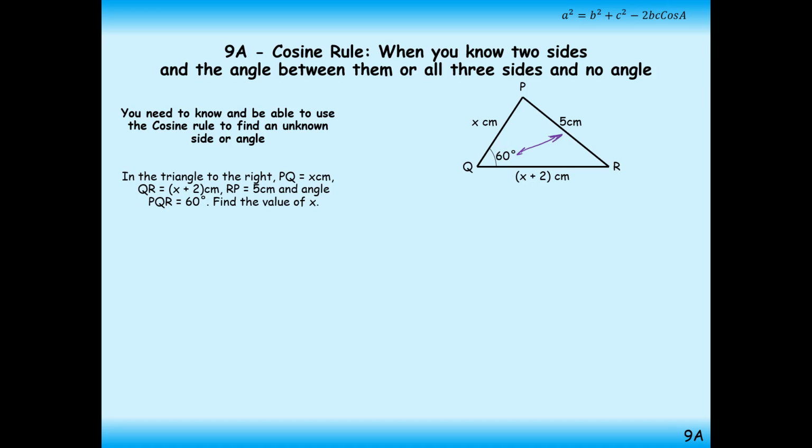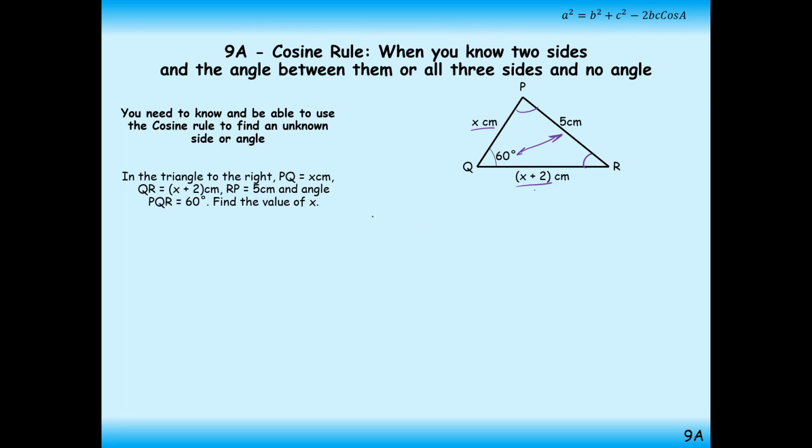But the thing is, we don't know any of these angles. When you have two sides and the embracing angle between them, the cosine rule is the best to use. We don't know the other numbers here, these x's are not numbers, so the sine rule doesn't apply. This is going to be the cosine rule.